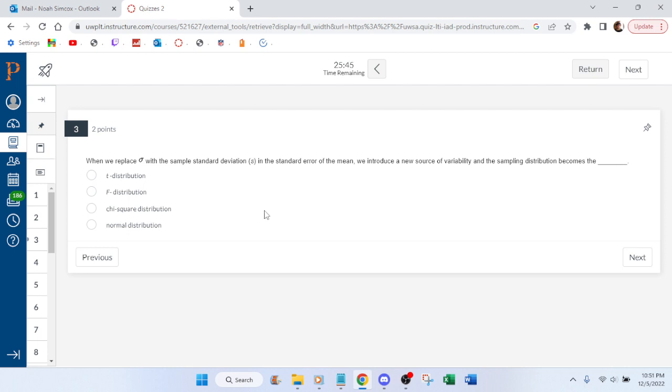Darn it. I never had to calculate a standard error throughout the entire test. That's fun. Unless I was mistaken about that.